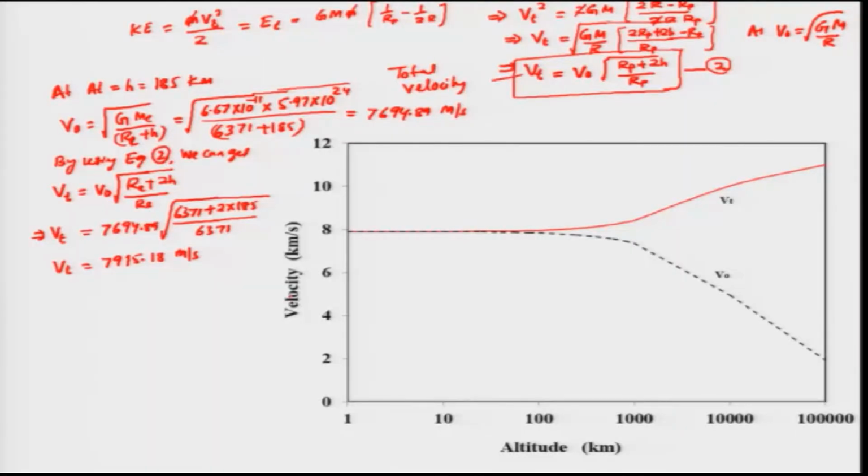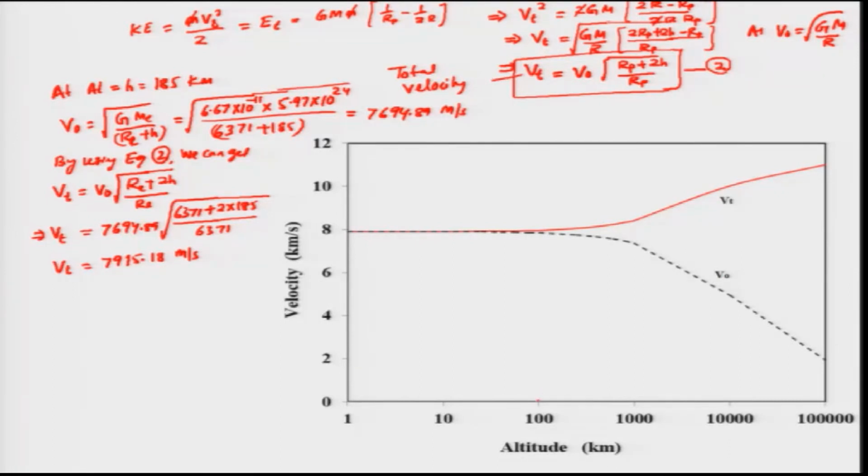So, you can see that this velocity is plotted over the altitude in this plot in a logarithmic way on the x axis. You can see the total velocity, which is shown in the red color, whereas the dashed line is representing the orbital velocity.